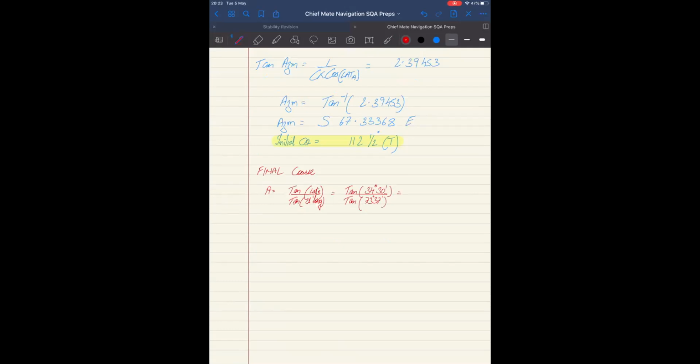So this will be equal to 0.20206. Now the next step comes as the naming.